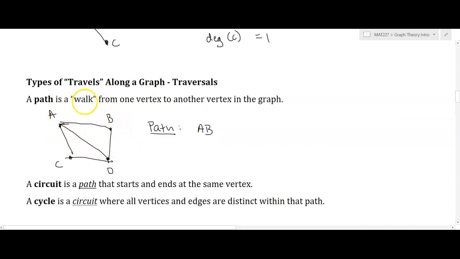A path is just a walk from one vertex to another vertex. A, B, A would even be another path. There are no specifications on where it has to start or stop. So A to B, back to A would work.